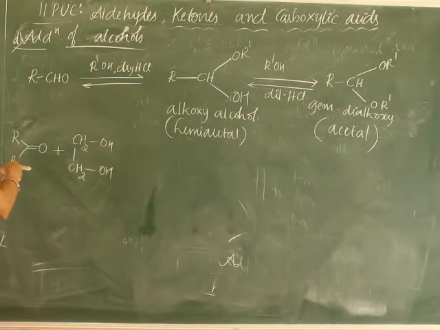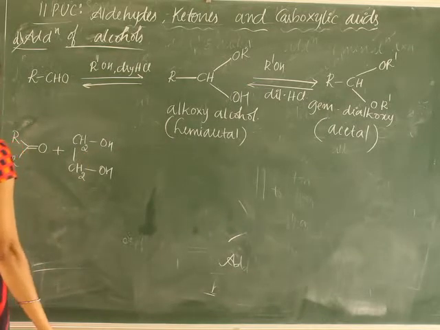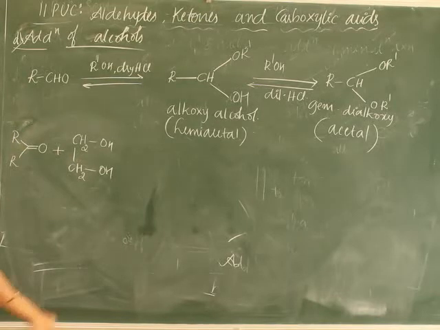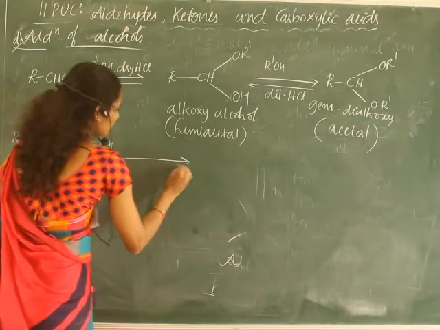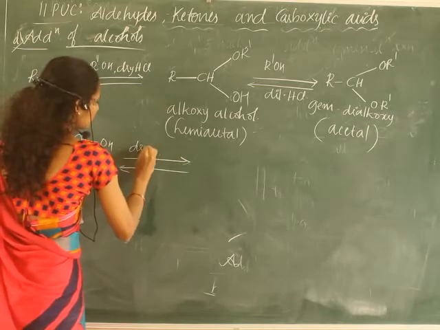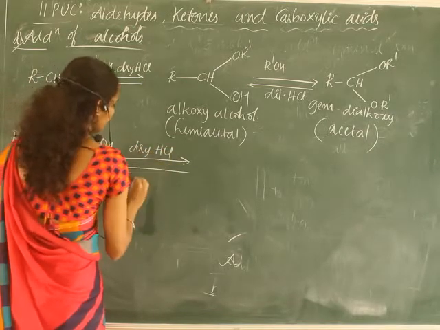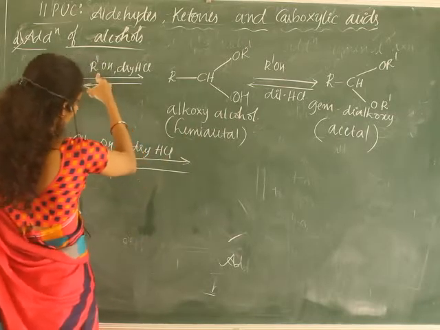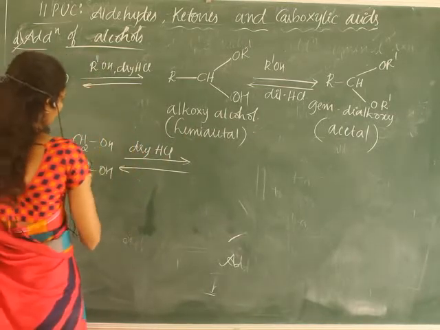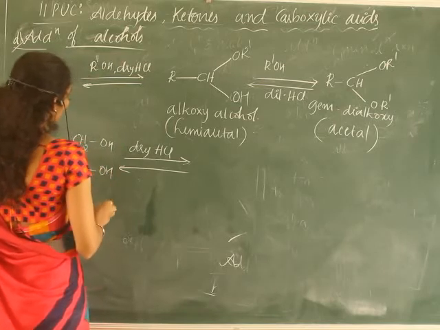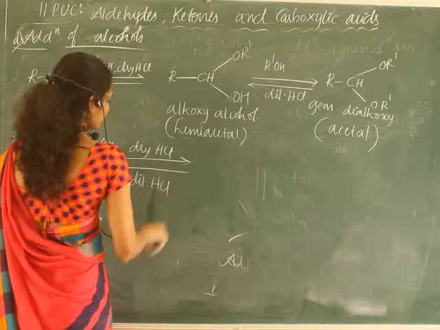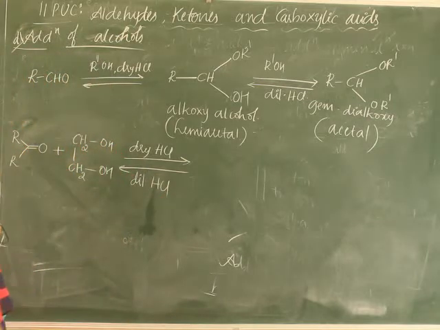Ketone on reaction with ethylene glycol results in the formation of a cyclic product. I'll write both the steps here: first step dry HCl, and one more is dilute HCl, mineral acid. What happens?